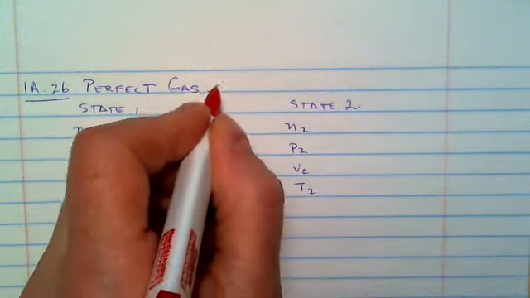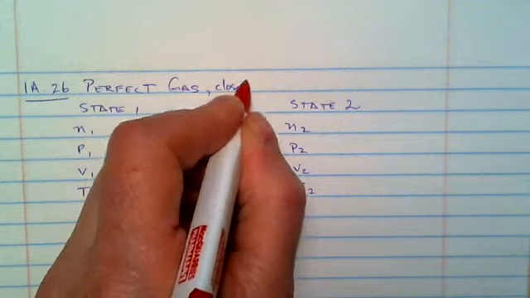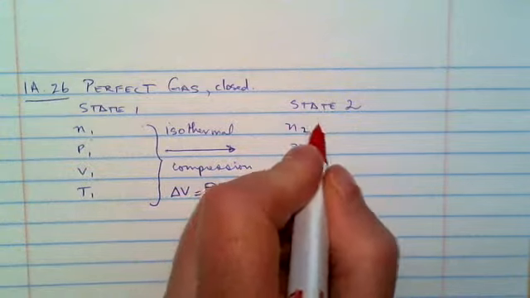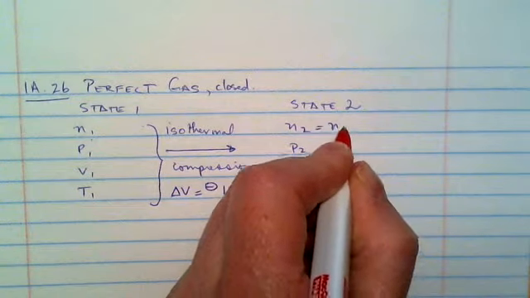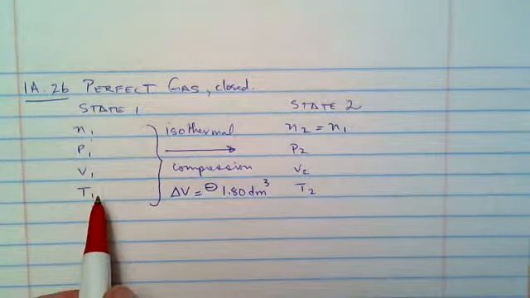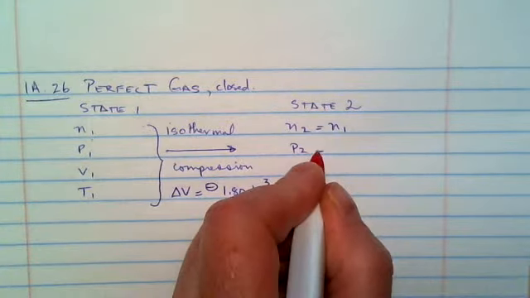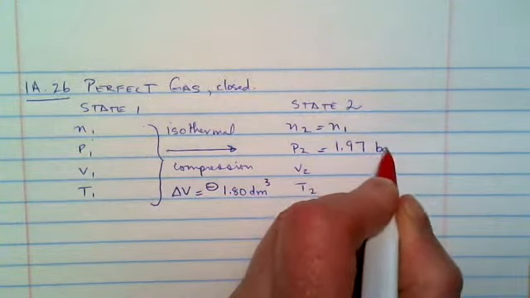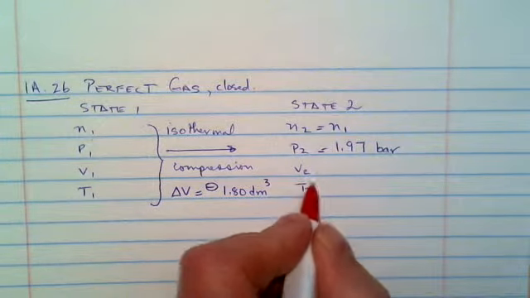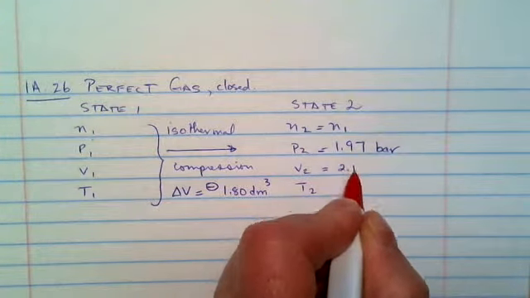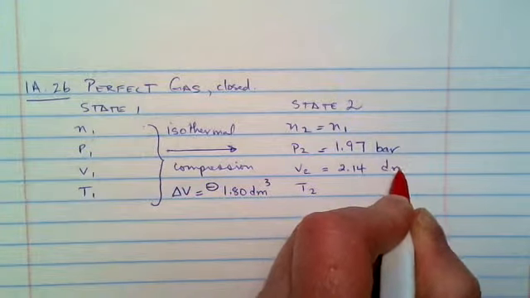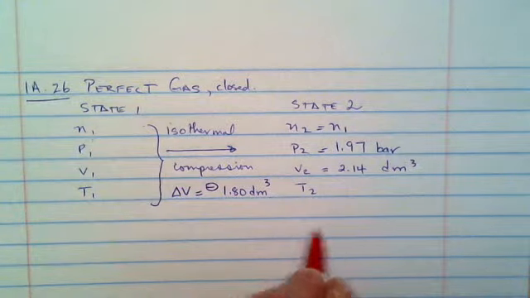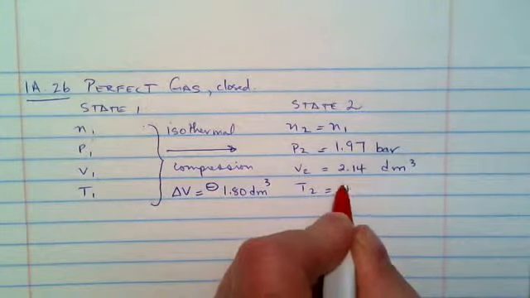It's a closed system, so N1 and N2 are the same. The final pressure is given as 1.97 bar. The final volume is given as 2.14 dm cubed, and it's isothermal.